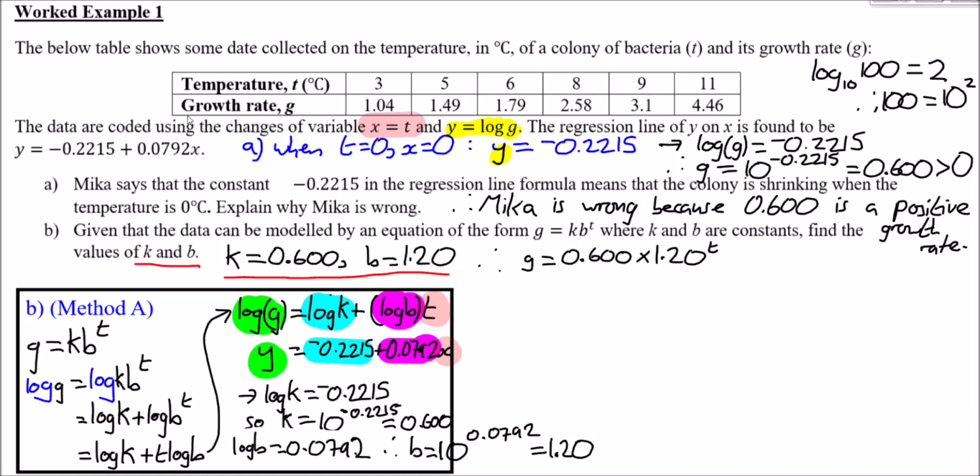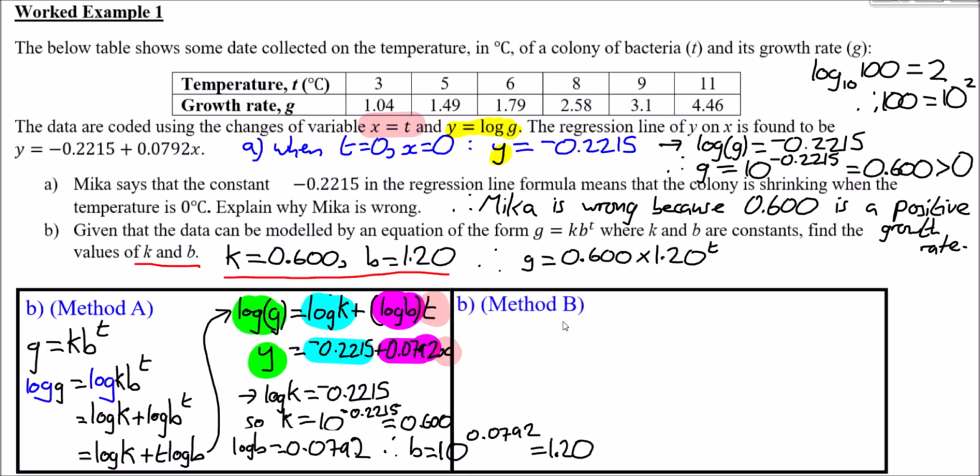The textbook for Pearson uses a slightly different approach, which isn't my preferred approach, but if that way has bamboozled you, I'll show you the way that Pearson have used, which is method B. And I apologise if I ran slightly over. So another way of thinking this through would be to realise, because y is log g, I can just replace this y here with the log of g.